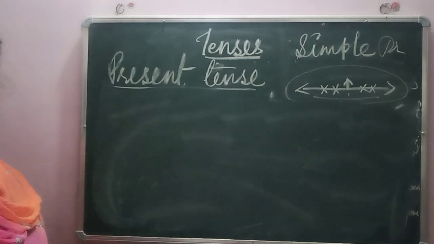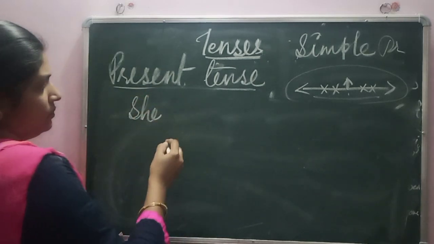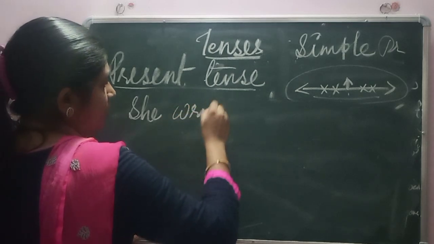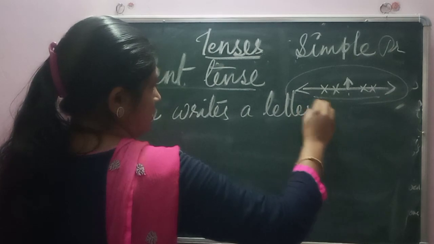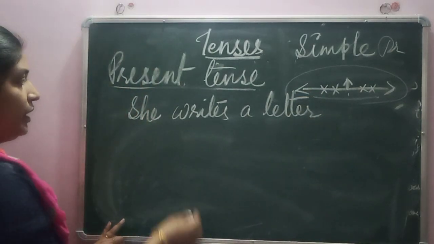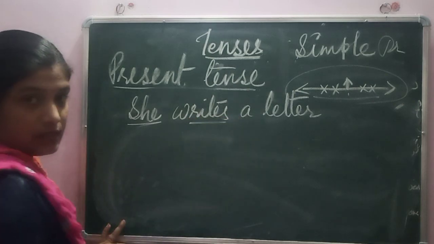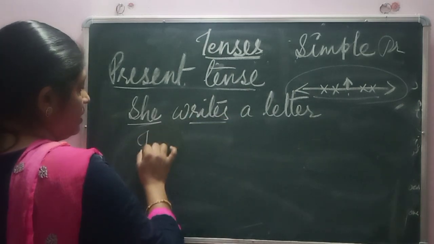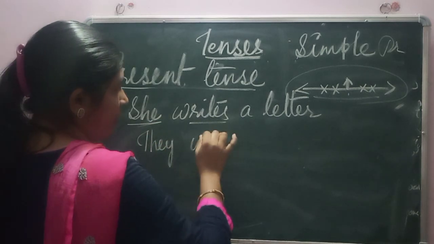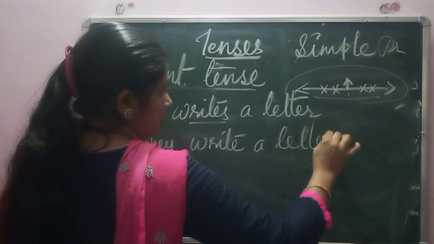One more sentence. She writes a letter. Clear? Here the subject is third person singular. So here es. Okay. If the subject is they, then we will write they write a letter.